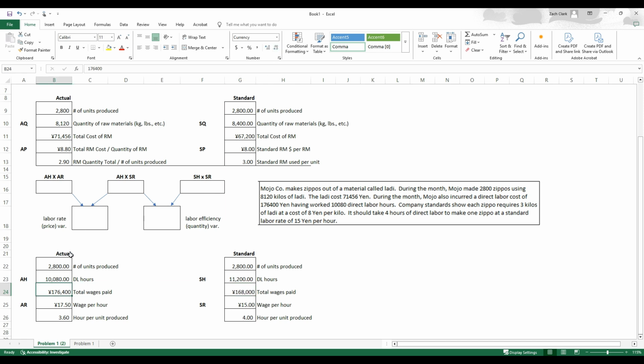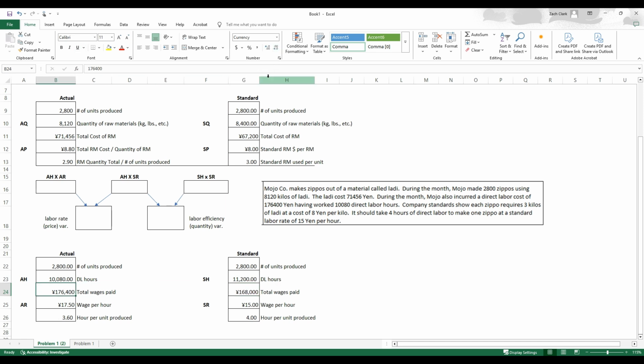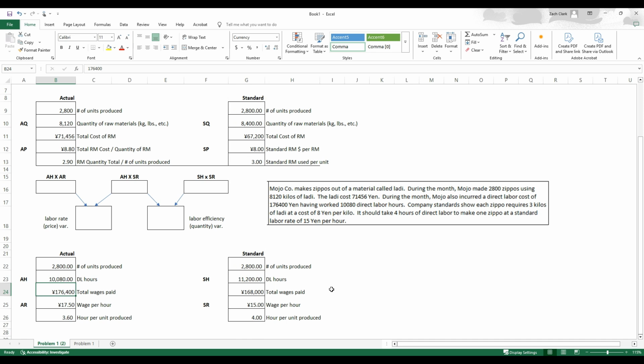Just trying to make sure we didn't have any decimals, if you're getting large numbers, that might mess us up when we're putting our answers in finally. Okay, no. All right, and then let's go through and do our AH times AR, our AH times our standard rate, so our actual hours times standard rate, and then standard hours times standard rate.